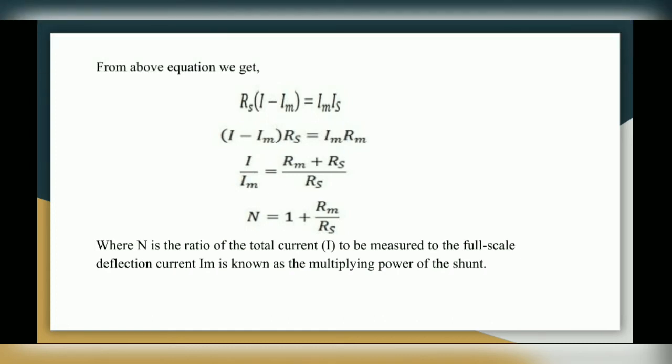So I upon IM is equal to RM plus RS upon RS, and further we can write it as N equal to 1 plus RM upon RS, where N is the ratio of the total current to be measured to the full scale deflection current IM, and it is known as multiplying power of the shunt. So N is equal to I upon IM.